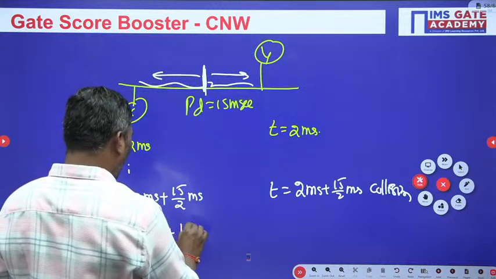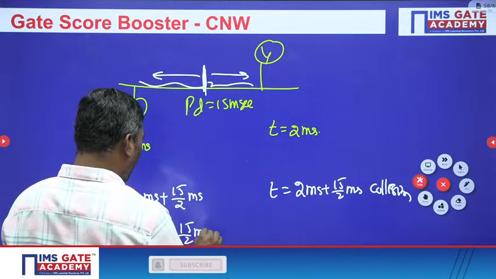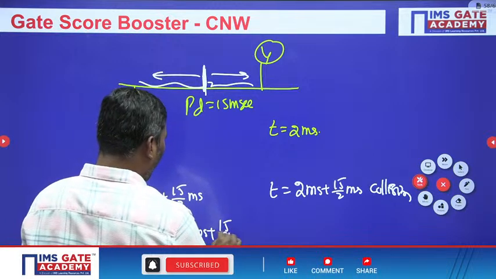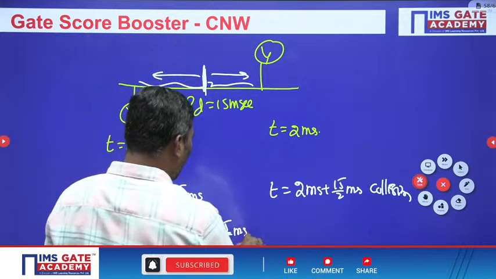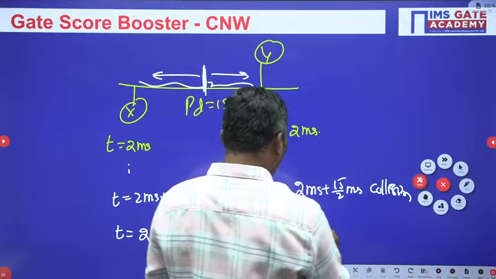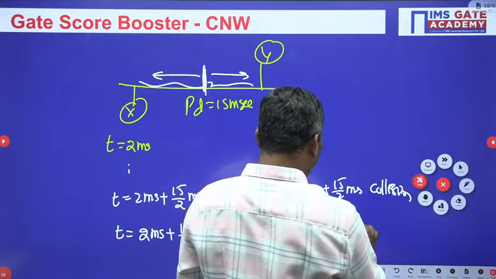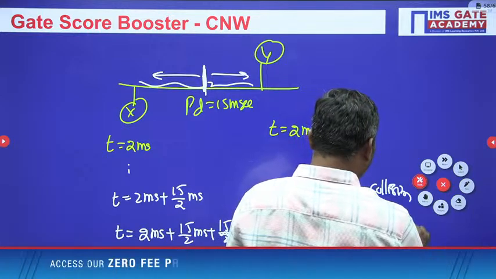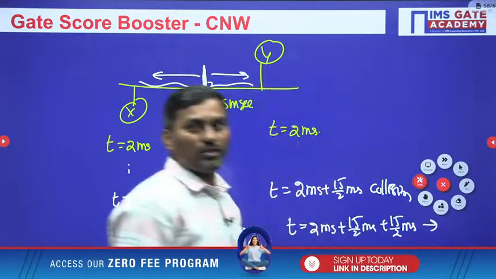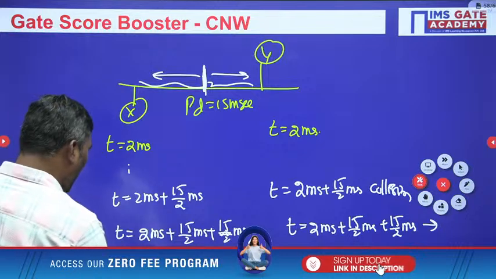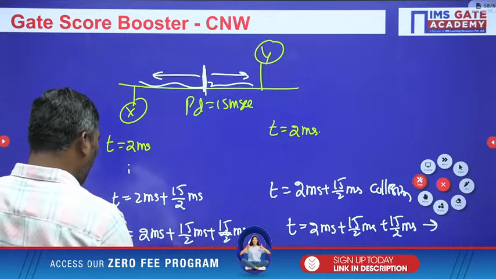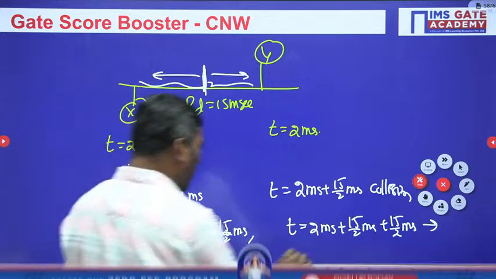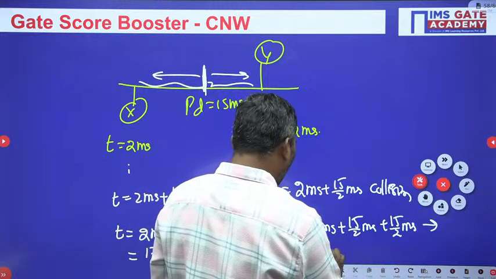So now 15 by 2 milliseconds plus another 15 by 2 milliseconds. At time t equal to 2 milliseconds plus 15 by 2 plus 15 by 2, they come to know of the collision. Very simply, this value I can write as 17 milliseconds. Both come to know at 17 milliseconds.